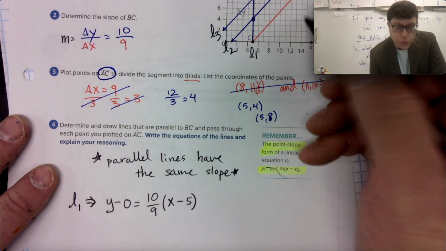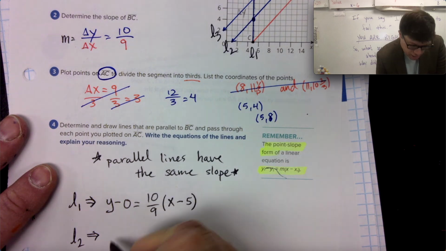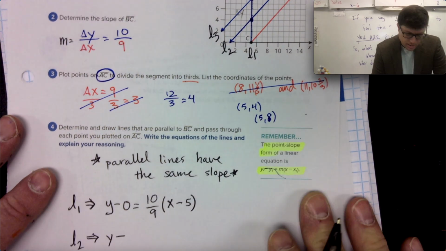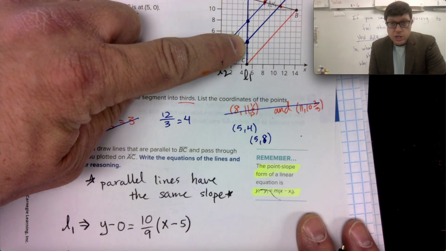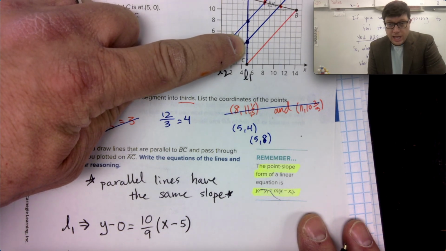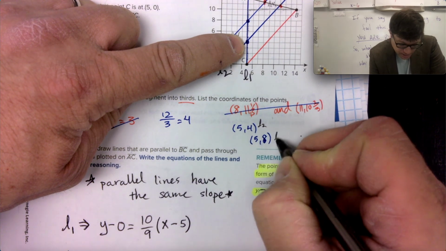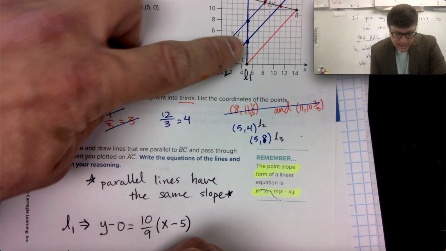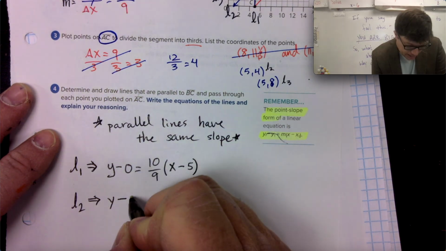Then I go to line 2. So line 2 has the same structure, y minus, but now I need the y coordinate on line 2 at that location that I know. And I know that location is at 5, 4. So this is the line 2 coordinate, this is the line 3 coordinate. So I'm going to take the y coordinate on line 2, and I'm going to go y minus 4.